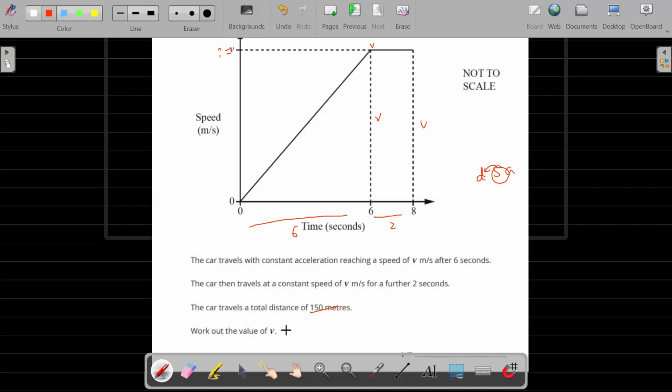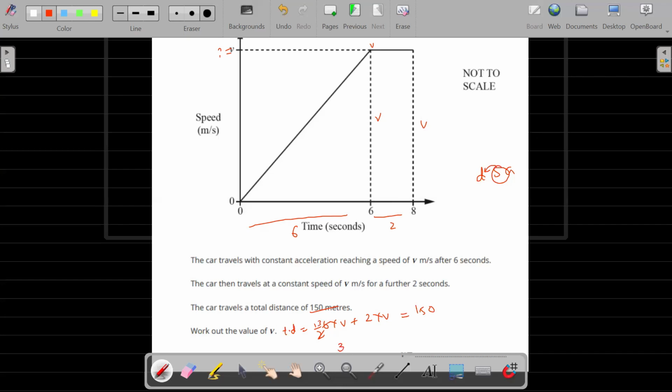Now the total distance is given. Total distance is equal to half times base 6 times height v, plus, in the same way, the area of this shape, which is length times breadth. Length is 2, breadth is v. Is it clear, Fatma? So I'm going to simplify. Total distance is 150 meters.